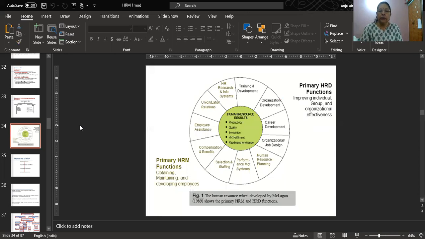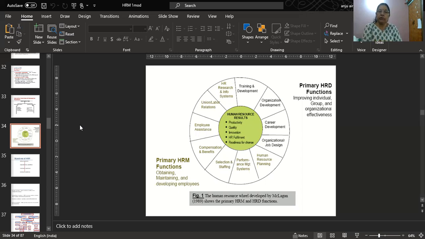Then yesterday we saw this human resource wheel, which is developed by McLagan, which is showing the primary HRM functions and the primary HRD functions. Primary HRD functions is all about human resource development, the individual, the teams, the organization as a whole, to lead the organization to success.